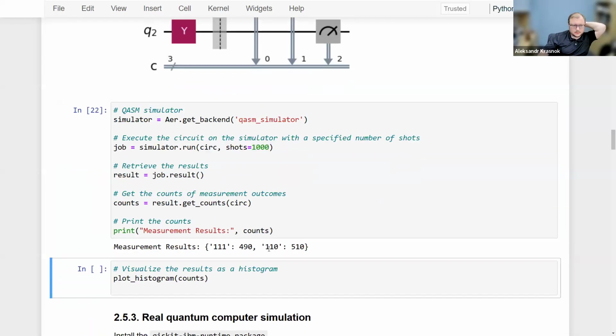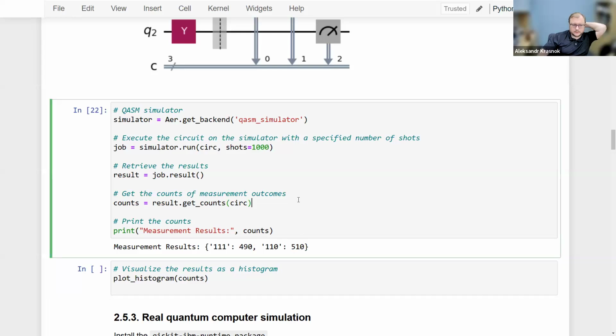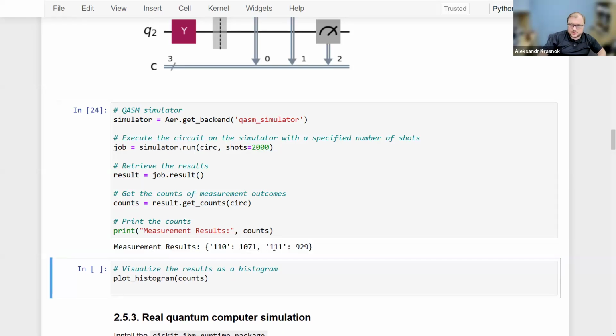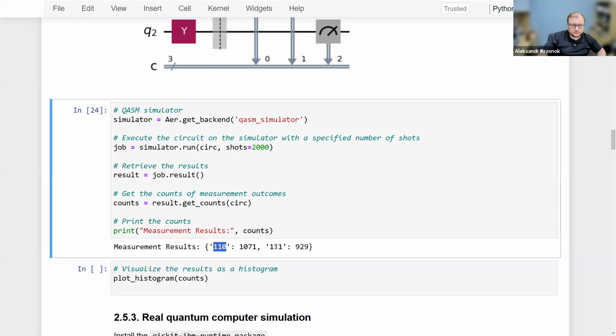If I run it again, these numbers are a little bit different. Again, still different. So it's random, but as you grow the number of shots, this randomness kind of goes away, and you get a very well-defined result, which consists in the fact that these two states appear with very, very close probability.